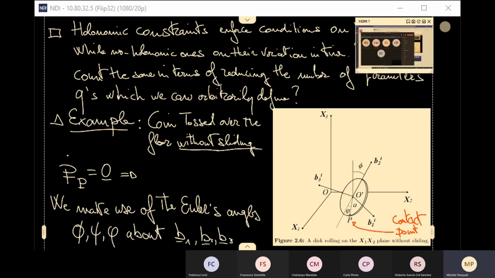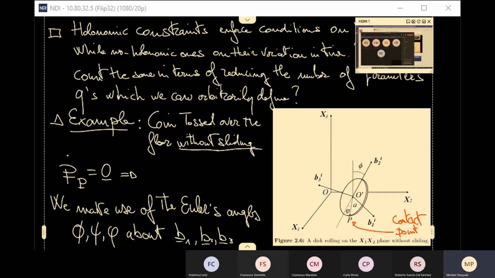Okay? So this means that phi, psi, and theta are the three Euler angles that we use to describe the orientation of the coin.